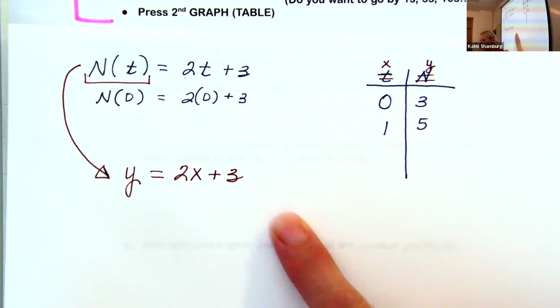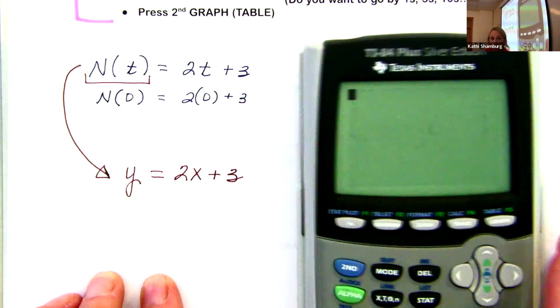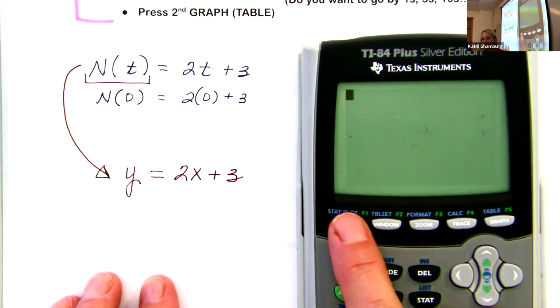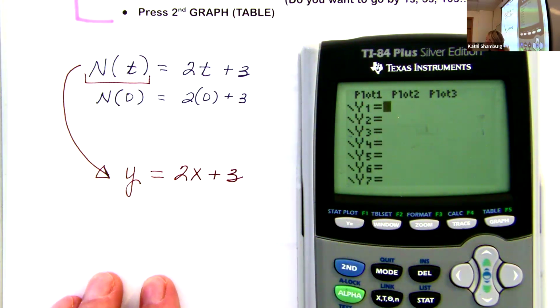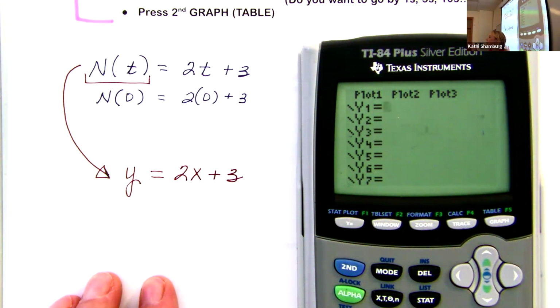So we're going to learn how to put this into our calculator. Look at your first bullet point. In your notes, it says press y equals. Here's y equals. We're going to press that. y1 just means y, that's an equation. The sub 1 means your first equation. If you needed to put in a second equation, you could do it on y2.